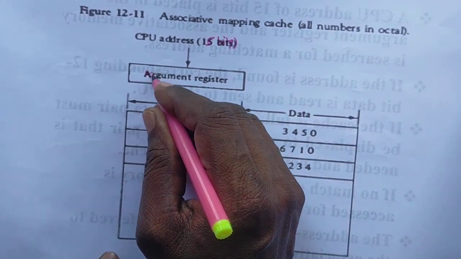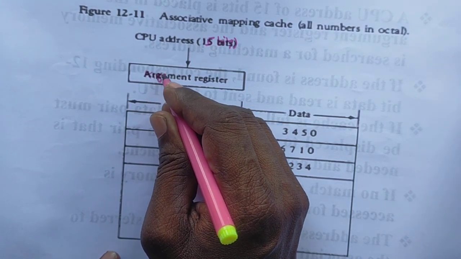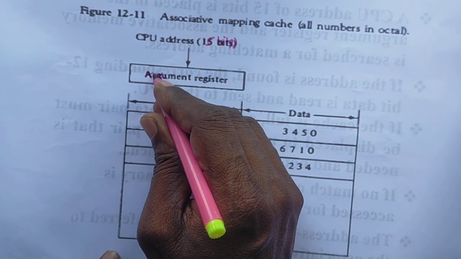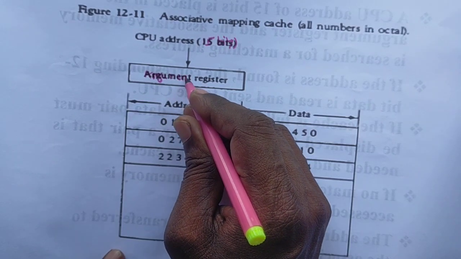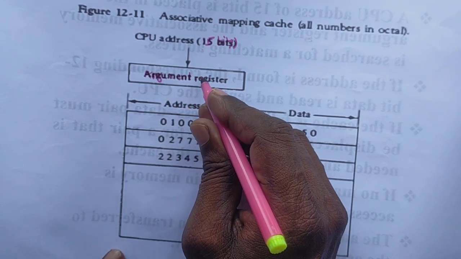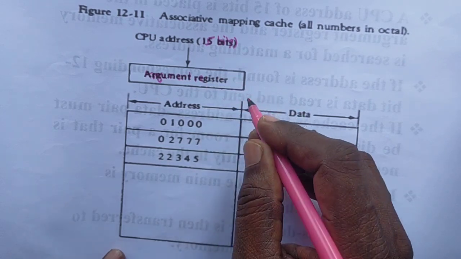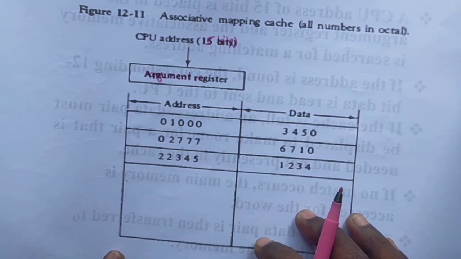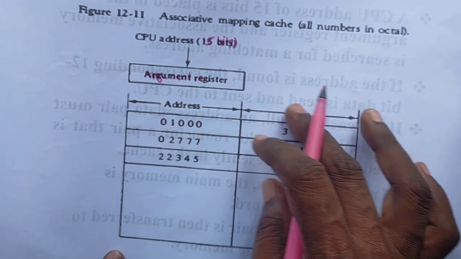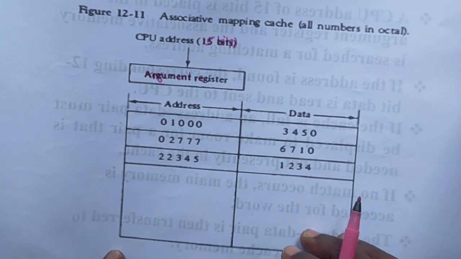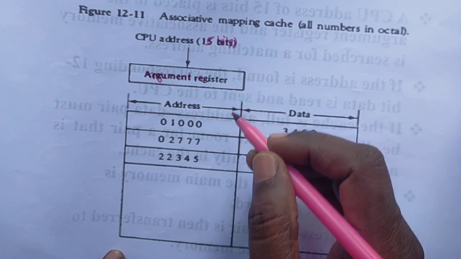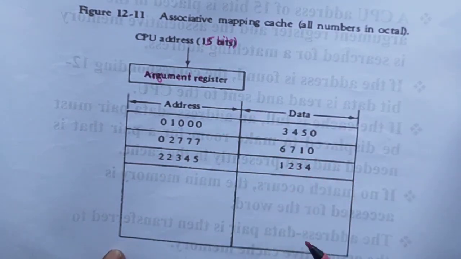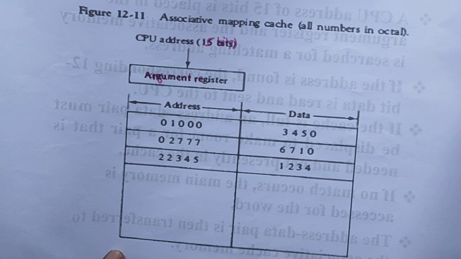We have already discussed that. The argument register is compared with the associative memory, and it will retrieve the data if that data is available.